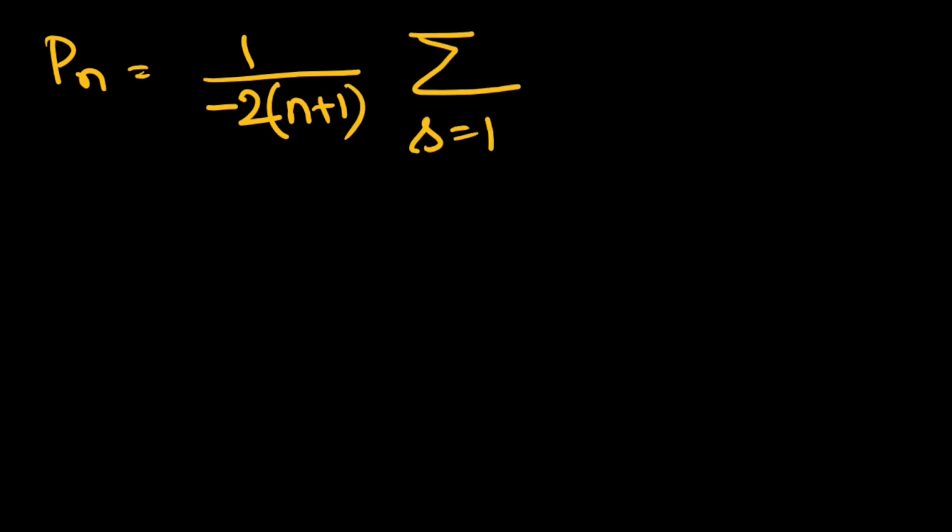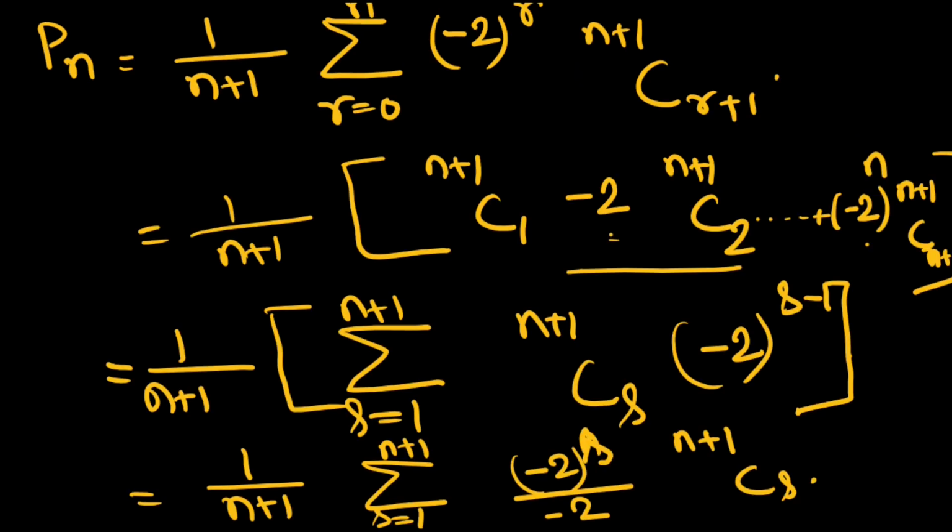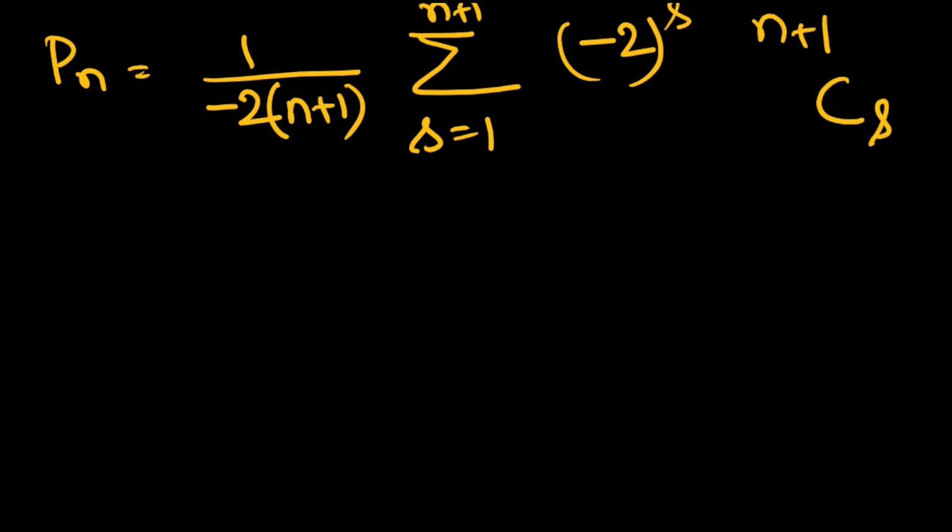So Pn is equal to, we get, 1 over minus 2 times n plus 1, summation s is equal to 1 to n plus 1 of minus 2 to the power s, n plus 1 Cs. It is 2 to the power s, sorry, minus 2 to the power s. Now this is numbered 1.